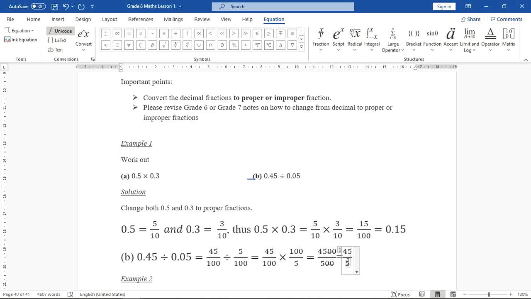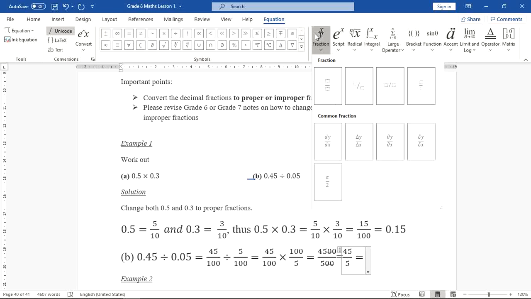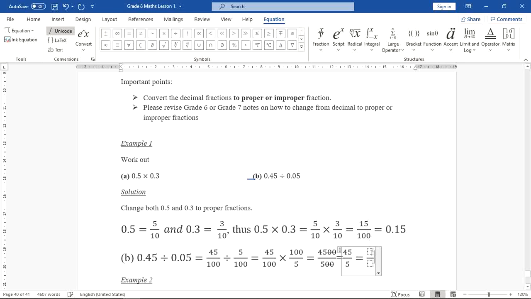It seems like 45 can be divided by 5 exactly, and that's going to give us 9 over 1. So the final answer is 9 over 1, or we can just leave it as 9. Alright, so let's do that again.